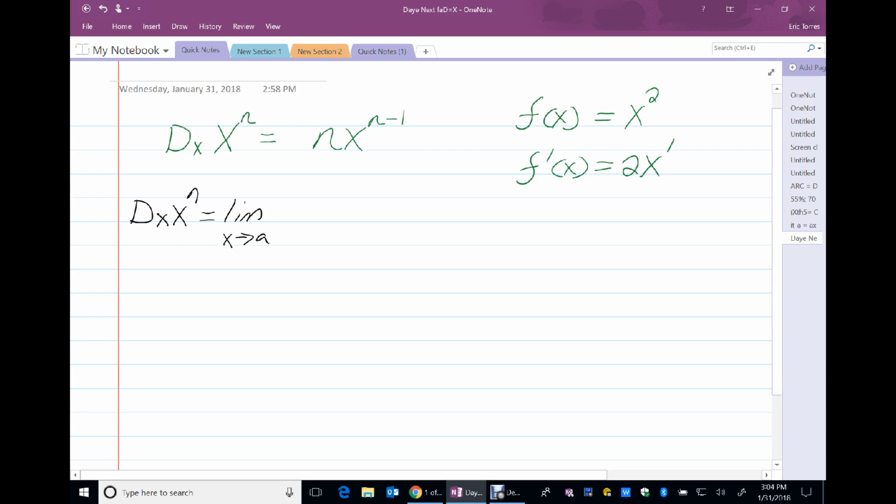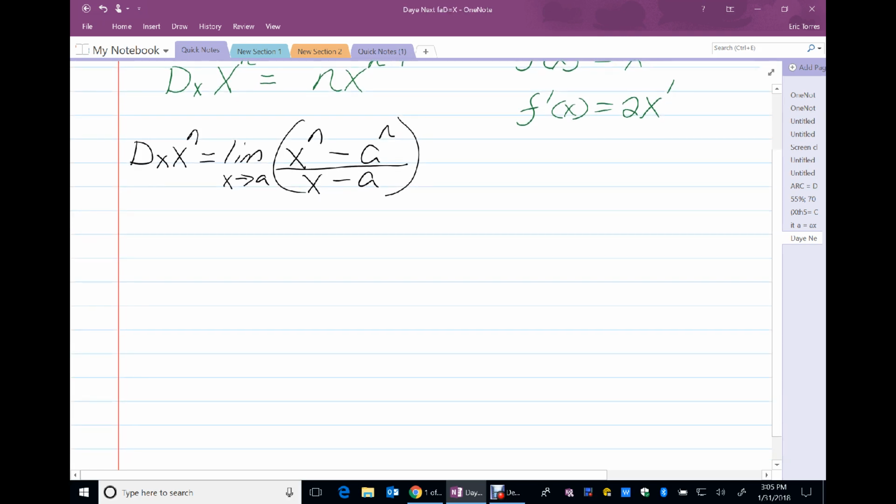So f of x is x to the n minus f of a, which is a to the n, all over x minus a.